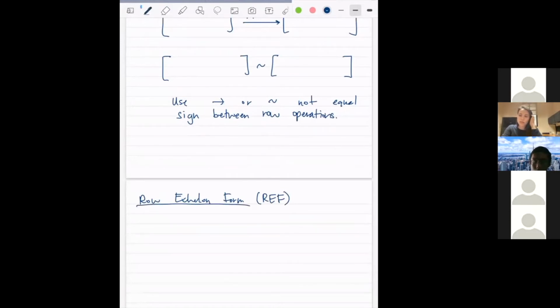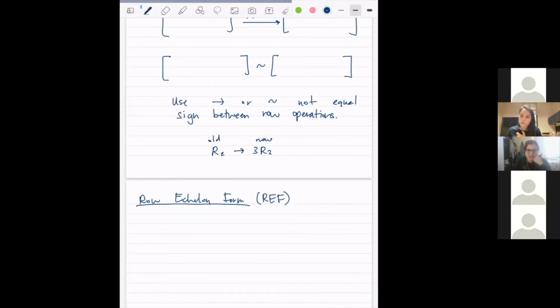Is it okay to write this as the new row 2? So I would put row 2 goes to 3 times row 2, right? So you start with what you have and then what you want to end up with, or what the new thing is going to be. This hurts my head.